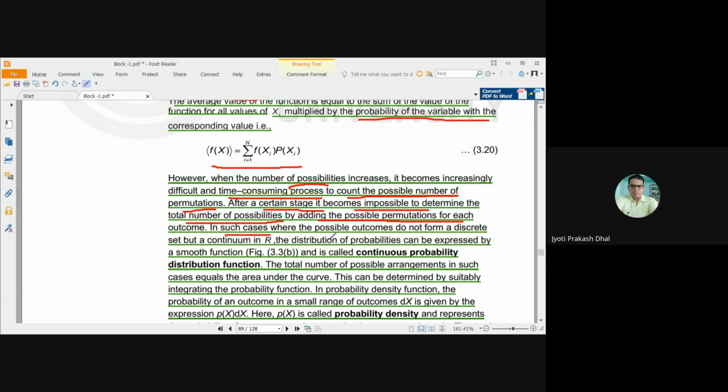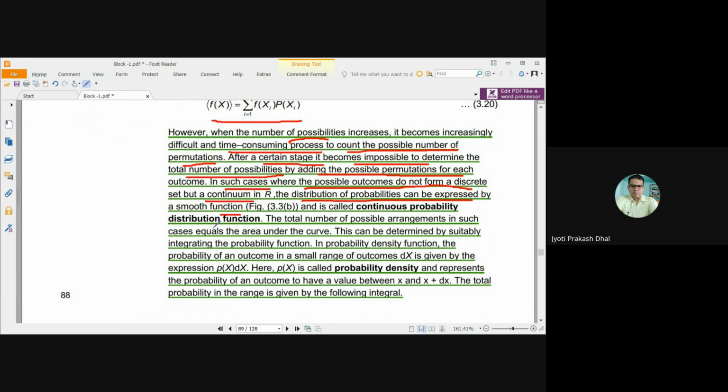In such cases where the possible outcomes do not form a discrete set but a continuum in R, the distribution of the probability can be expressed by a smooth function that is called a continuous probability distribution function. Then the total number of possible arrangements equals the area under the curve. This can be determined by suitably integrating the probability function.